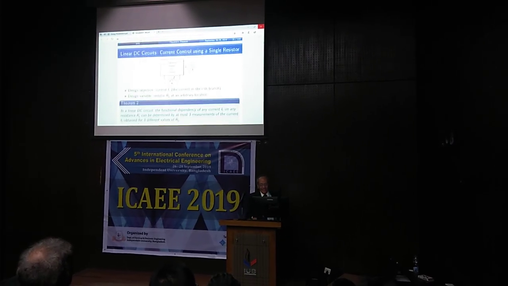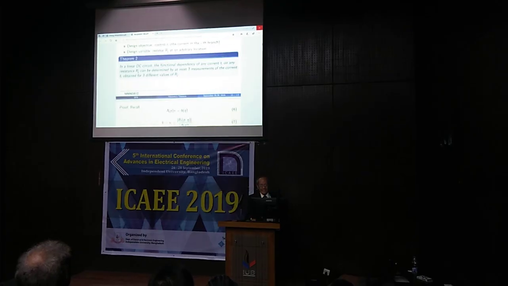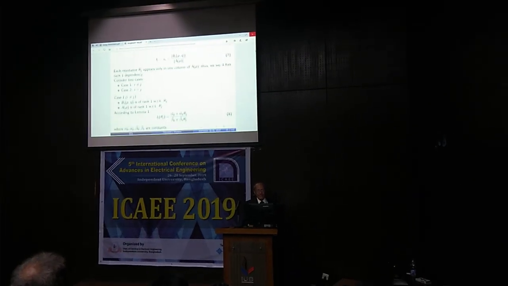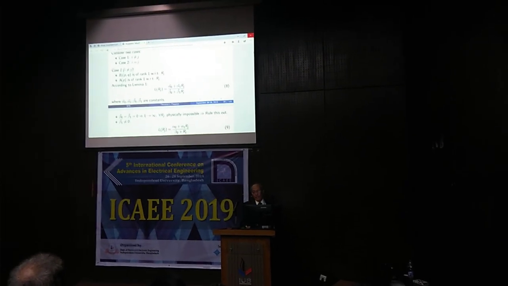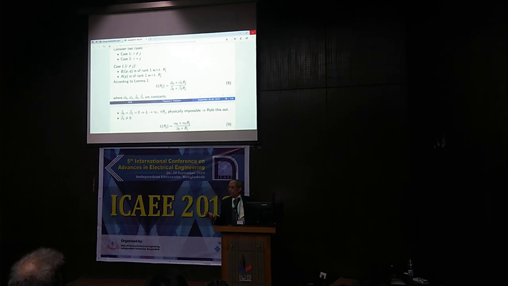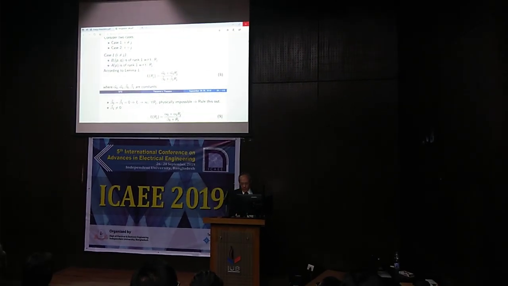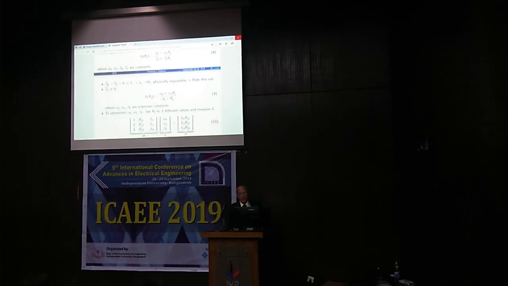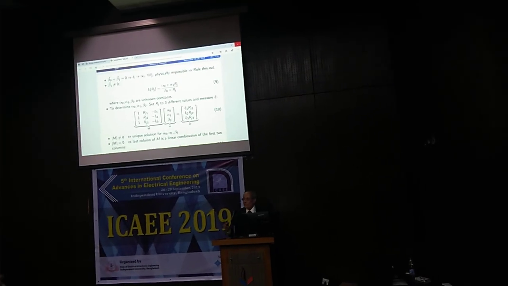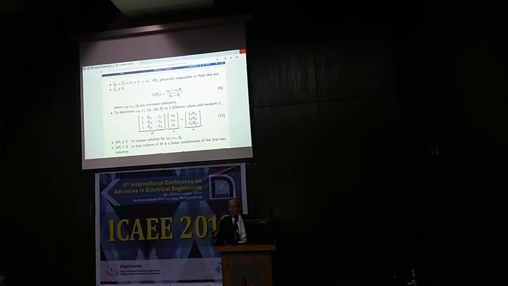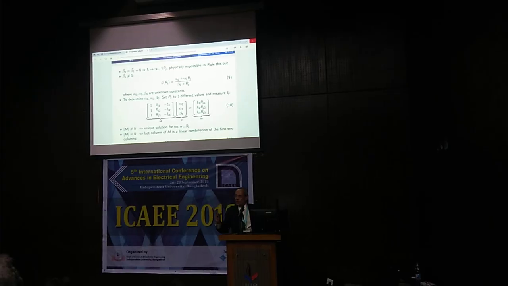And then you can normalize, because both betas cannot be 0. So divide by one of them and you end up with equation 9. 3 parameters. 3 experiments are needed to extract those 3 parameters.